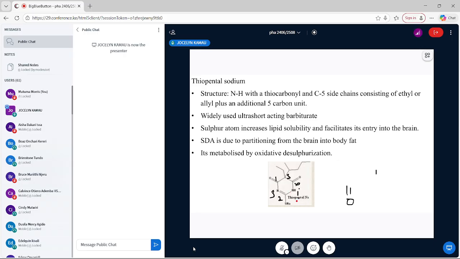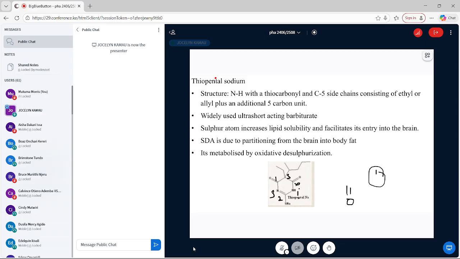But for the thiobarbiturates, this carbonyl group at position number 2 is replaced with a sulfur group. Replaced with the sulfur, we call them thiobarbiturates. So when you talk about thiopentosodium, the oxygen at position number 2 has been replaced with sulfur, with an increase in lipid solubility.